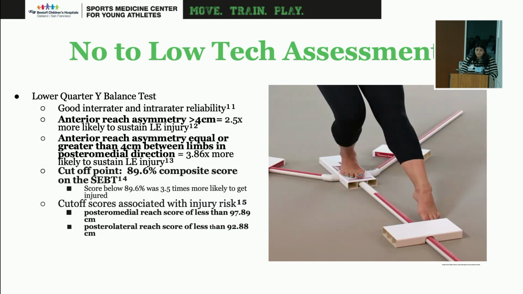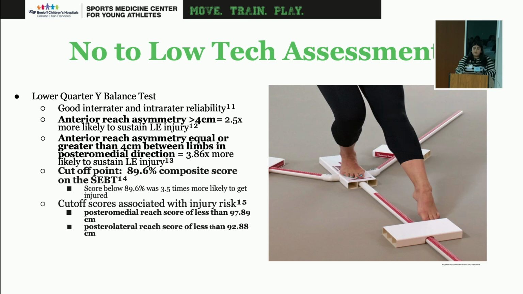All right, and then moving on to the lower quarter Y balance test. This is also an assessment that has a lot of research out there, and I wanted to include a couple of different objective measures and associated risks based off of some of the studies that I'd read. So according to Scott et al., the Y balance test has good inter-rater and intra-rater reliability.